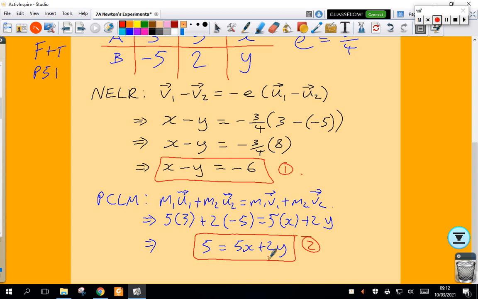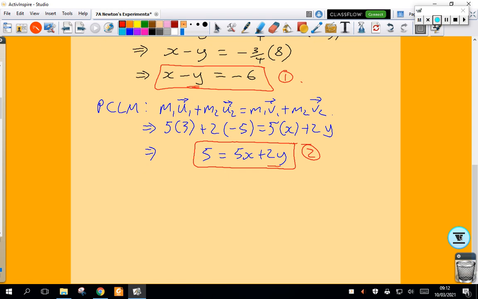I'm noticing here I've got 2 y's in here, but I've only got negative 1 y in the other. So if I double equation 1 using the multiplication property, as long as both sides are multiplied by the same quantity, then the two sides will remain equal. So I'm going to double equation 1, and maintain equation 2 exactly as it's written.